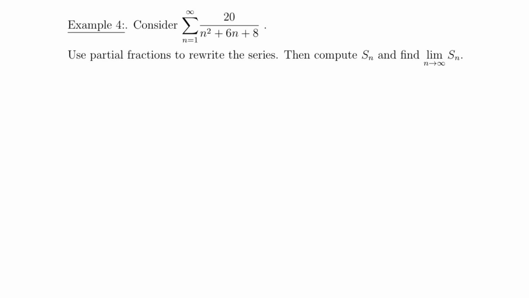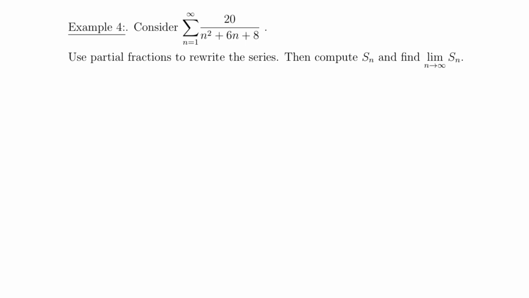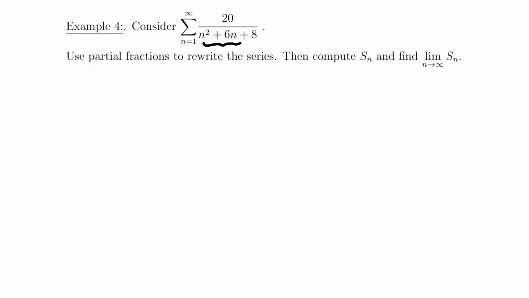So our first goal right here is to take this rational expression, 20 over n squared plus 6n plus 8, and rewrite it.